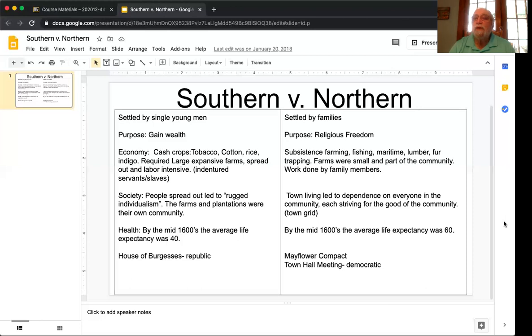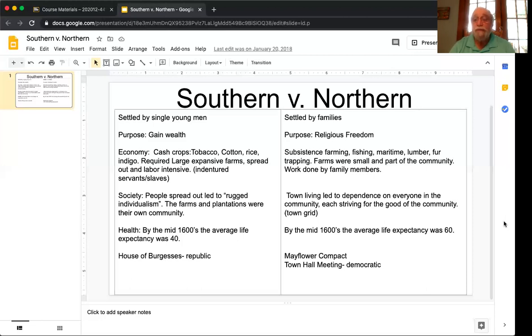They would salt them in barrels and send them off to Europe. The fur trade, of course, was big in the north. So basically speaking, their environment is much different than the southern environment.